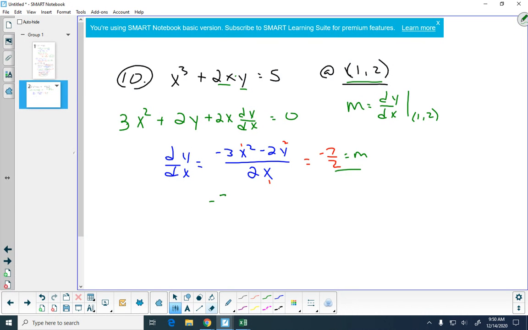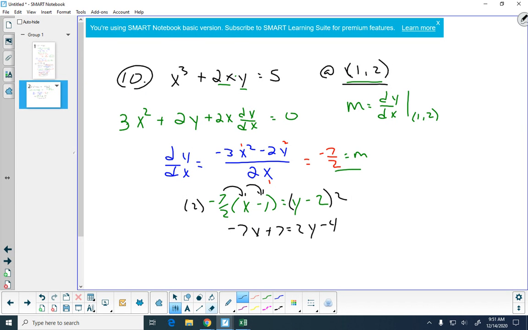We can put in negative 7/2 times (x minus 1) is equal to y minus 2. And once again, I will accept either form of our equation. I would multiply by 2, and distribute my negative 7 through. Negative 7x plus 7 is equal to 2y minus 4.